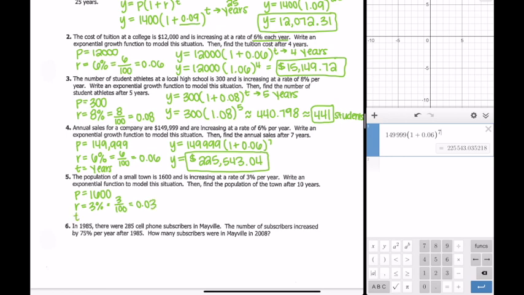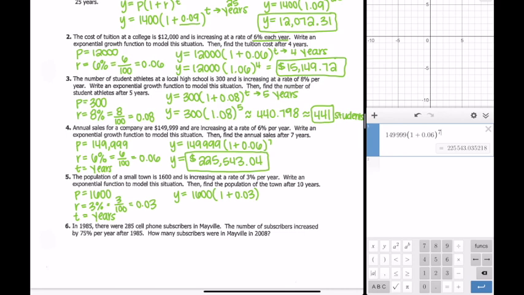And T represents years because this rate increases 3% per year.